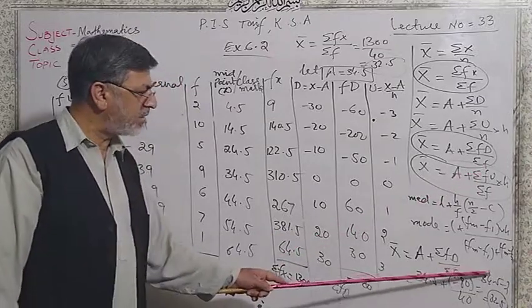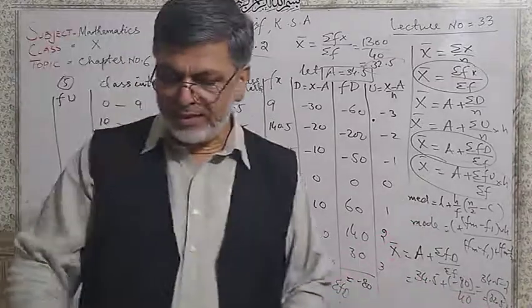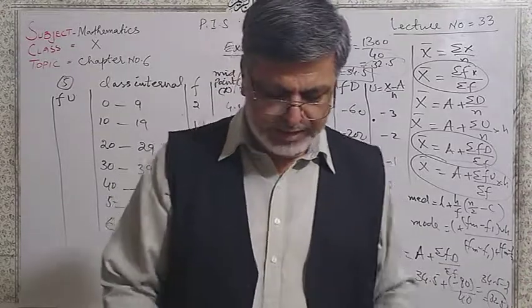Again you will get 34.5 minus 2 is 32.5. I hope that you can solve this question easily by applying this formula.